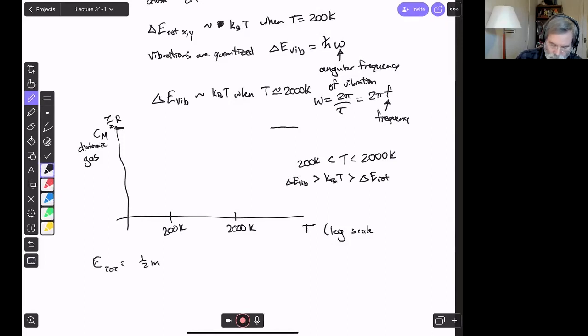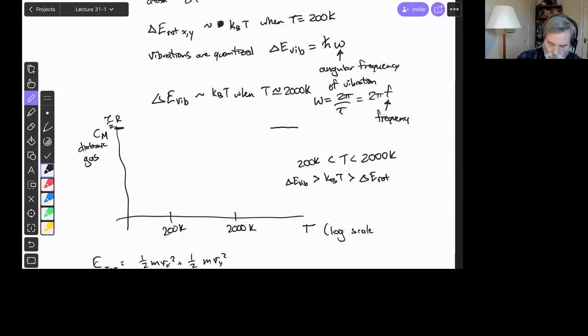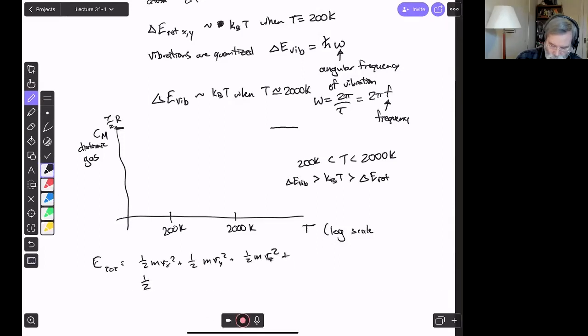We've got these three terms for translation, the two terms for vibration, 1/2 mu v relative squared, and the two terms for rotations, I_y omega_y squared. And what Sydney just said is that you're going to lose these two terms.